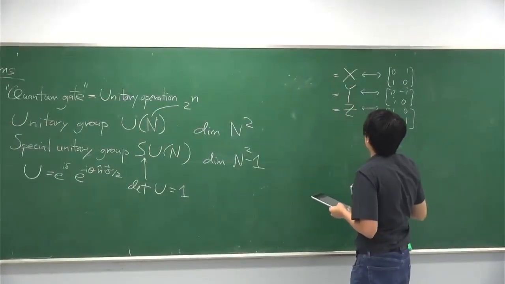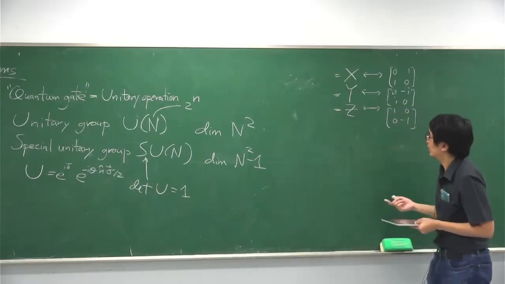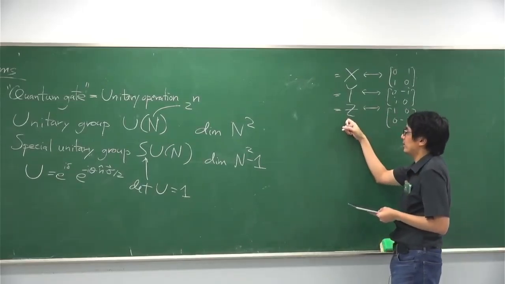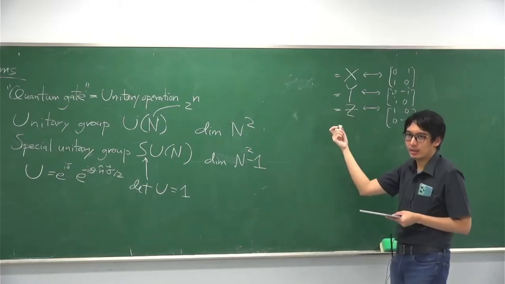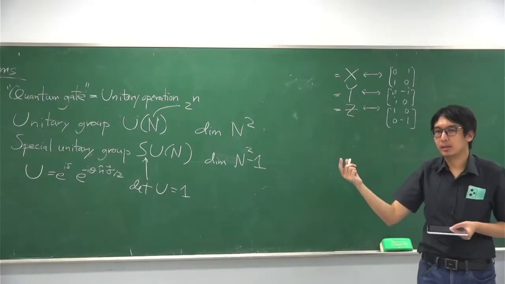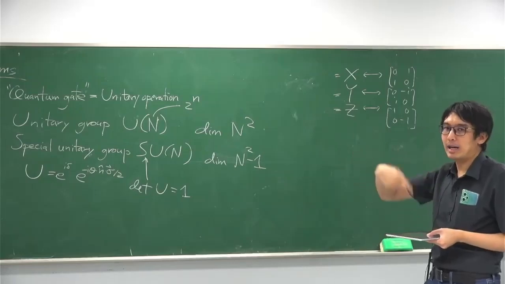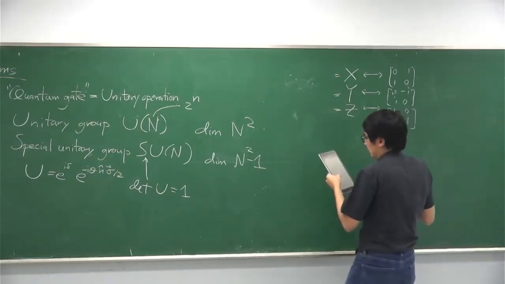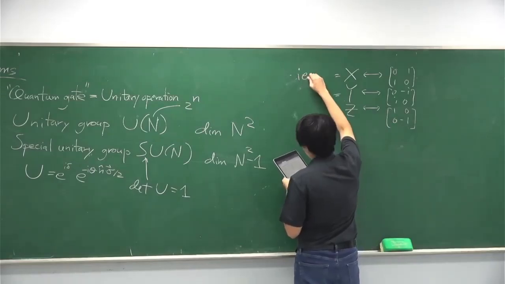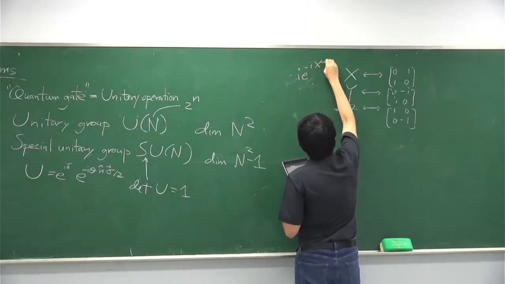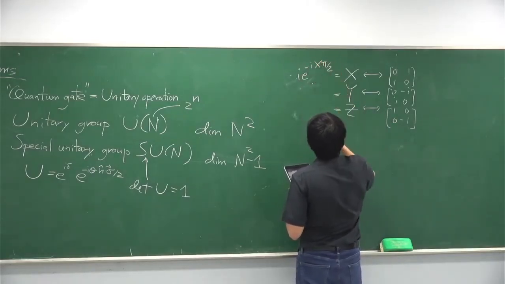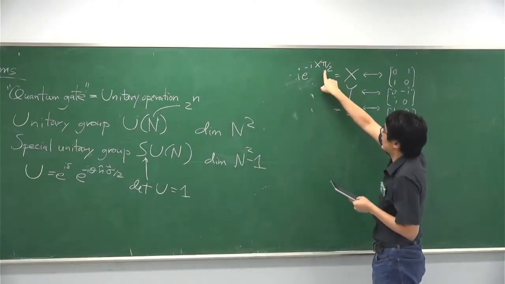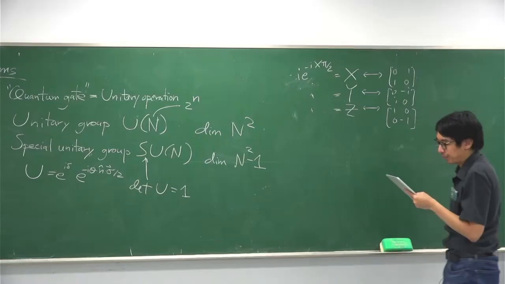I think we did this before, but in terms of rotation, the Pauli matrices are equivalent to rotation by pi on the Bloch sphere up to a phase. So for example, here is i times this, and so on, right? So you just change the generator from X to Y to Z.